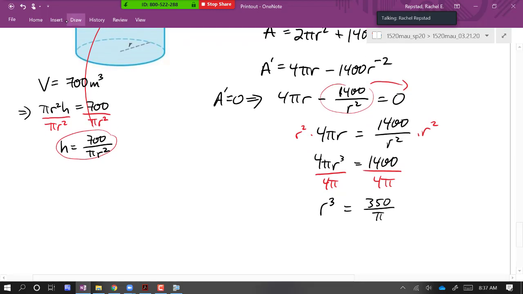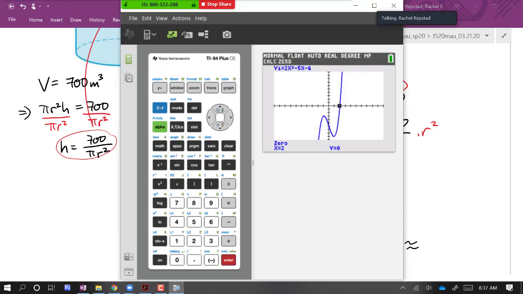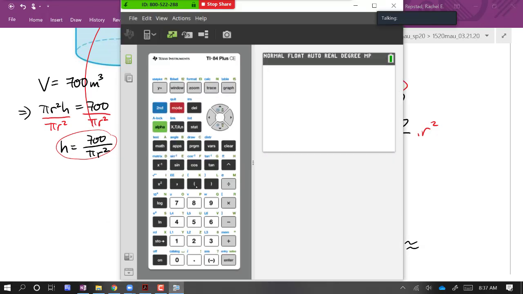And we're going to take the cube root. So if we take the cube root, we find that r is the cube root of 350 divided by pi. We can approximate that, putting the whole fraction in parentheses first and then raising it to the 1/3 power to take the cube root.